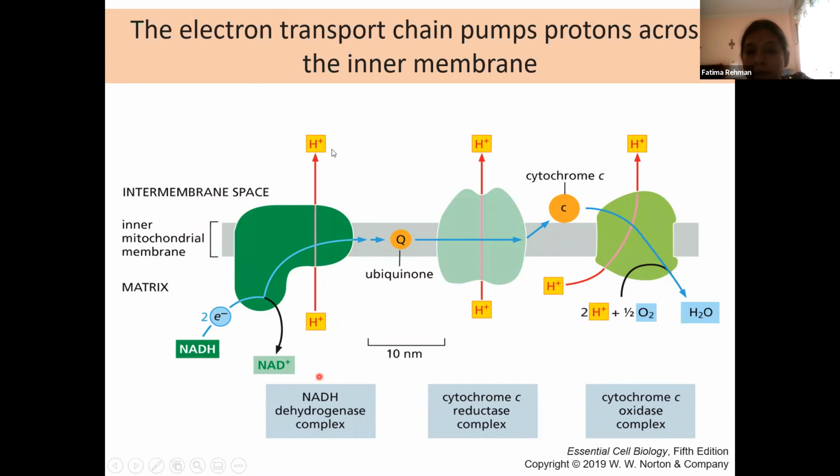It starts off with the NADH dehydrogenase complex. This is the one that strips the 2 electrons away from the NADH molecule. The product would be NAD plus that will go back out, and protons that are going to go out into the intermembrane space, that in-between space.